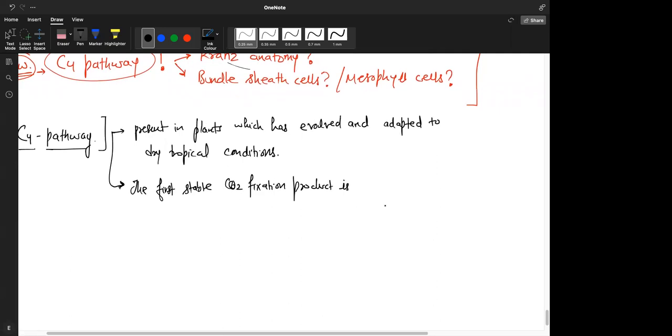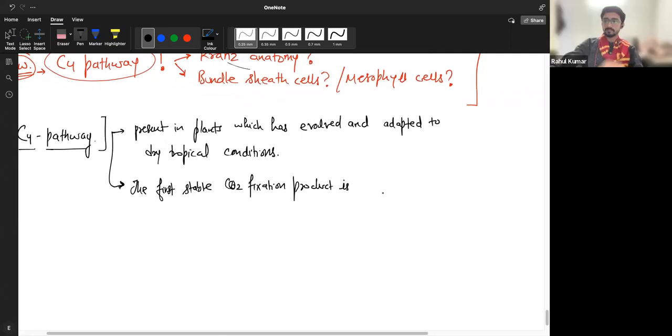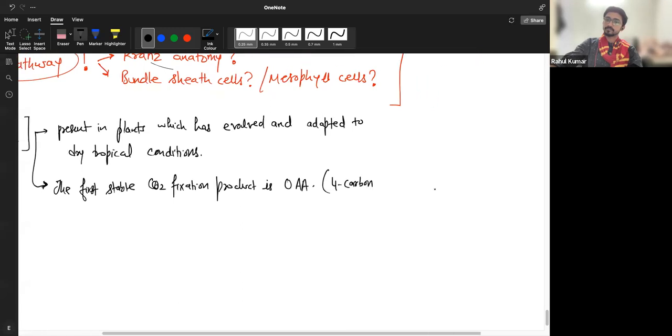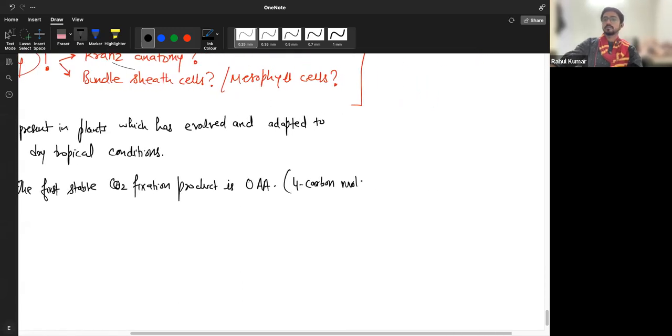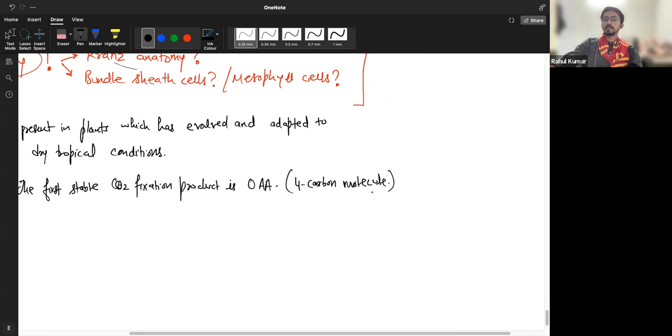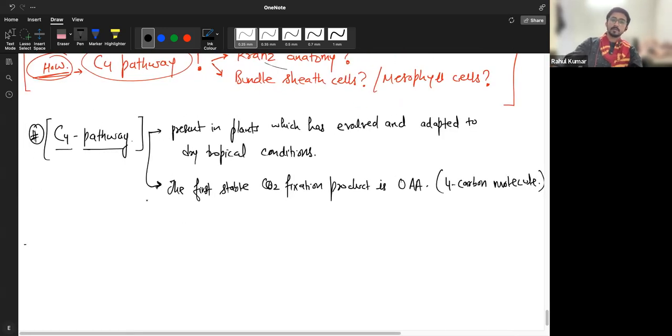Oxaloacetic acid. Oxaloacetate. So I will write OAA, oxaloacetic acid, which is a 4-carbon molecule, correct? Yes, sir.